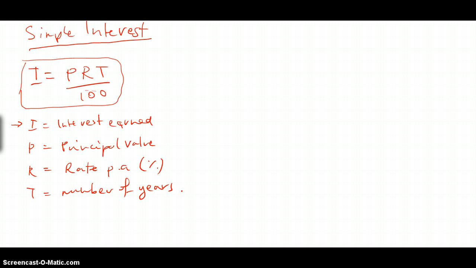Now, some of you might be interested in transposing this formula, so I'm just going to give you a bunch of other formulas. P is equal to 100 times I over RT.